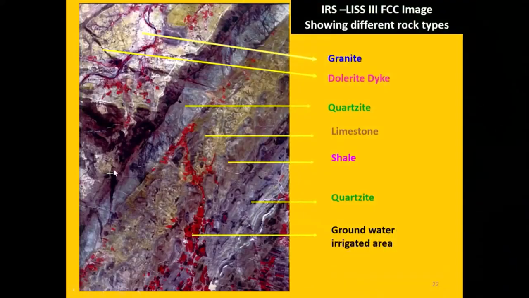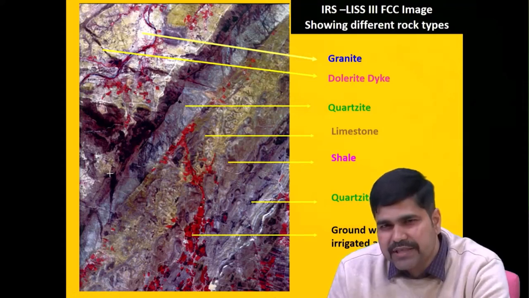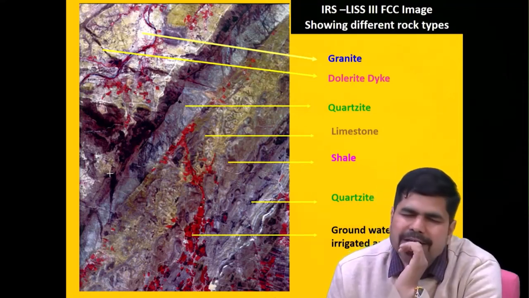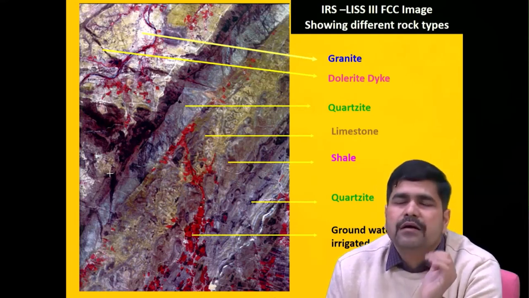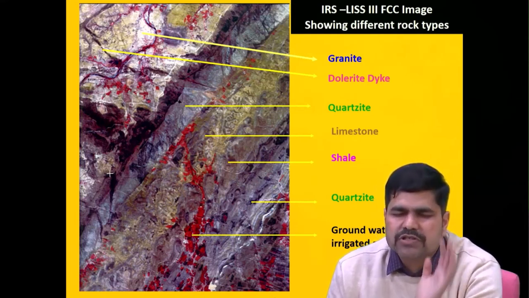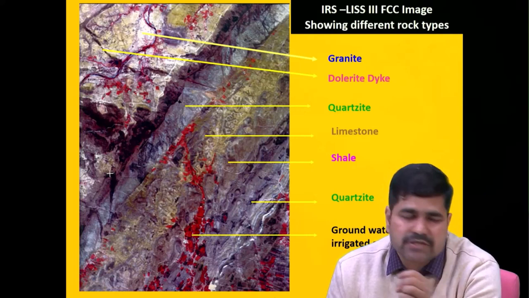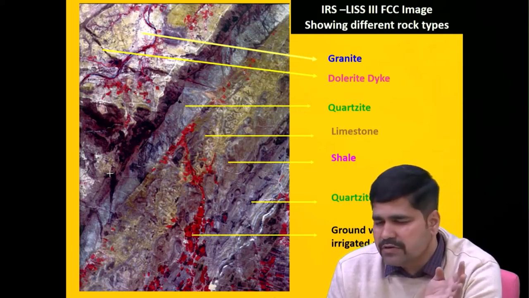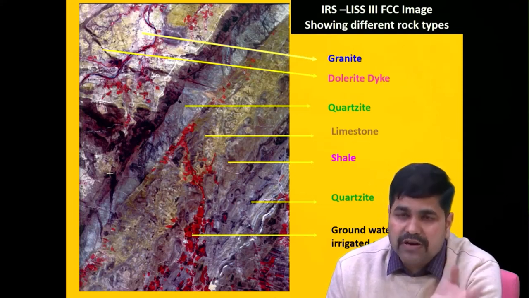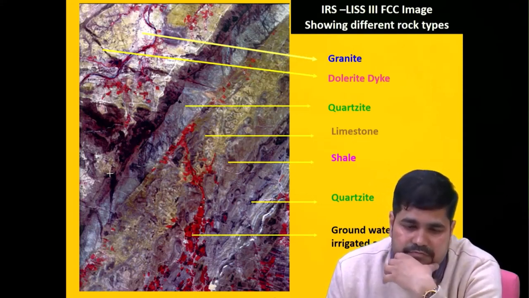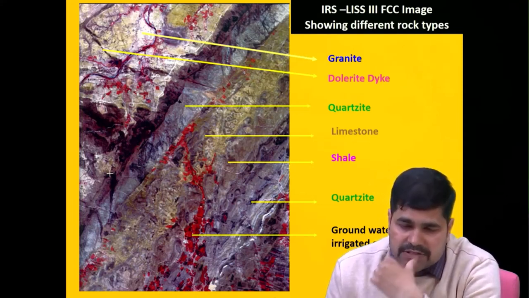This satellite image simply indicates different types of rocks. At this stage, I have jotted down almost all applications of what can be done from remote sensing for engineering geological studies. We started with landslides, then went on to lineaments, different types of rocks, different structures, dams, construction material.